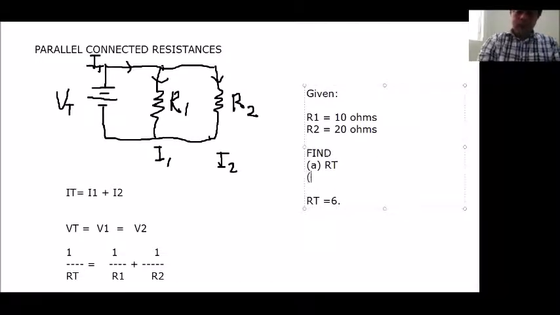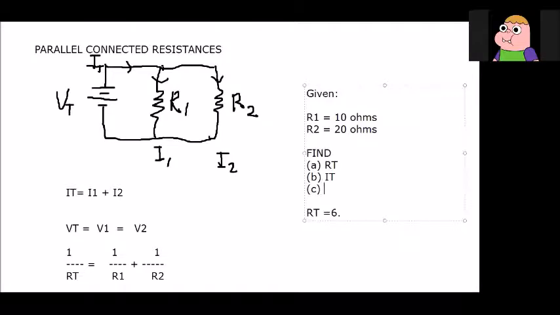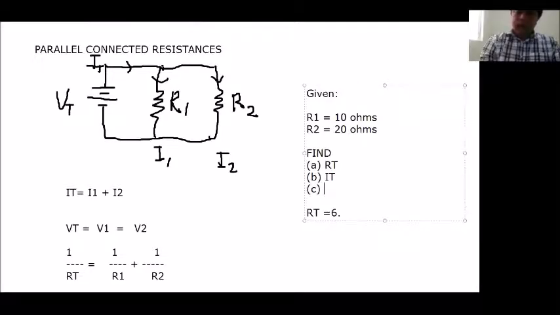Let's say B, we will find the total current, I total. And then letter C, we will look for I2.